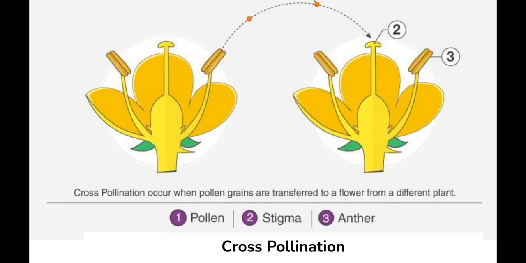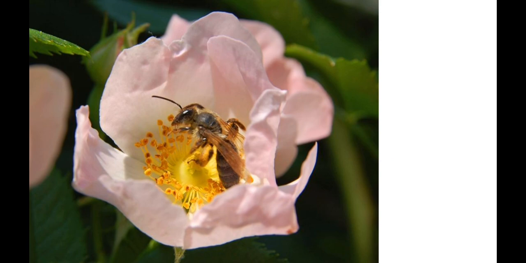Cross-pollination is when pollen is moved from one flower to another by pollinators, mostly insects. Here we have an example of how insects pollinate flowers.